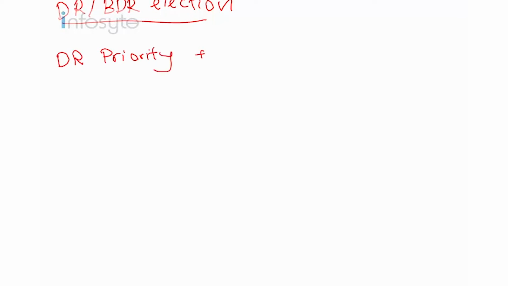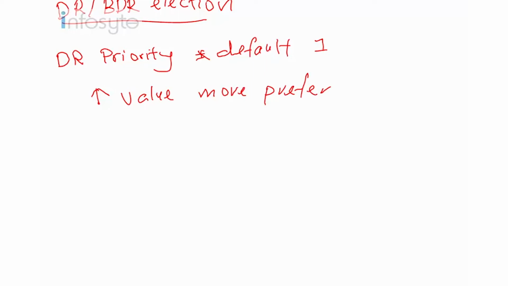The default value for the DR priority is 1. The higher the number, the more preferred the value will be. The lower the value, the less preferred.